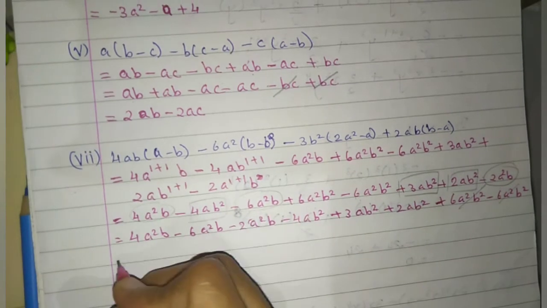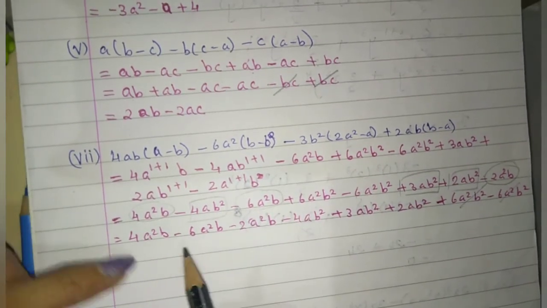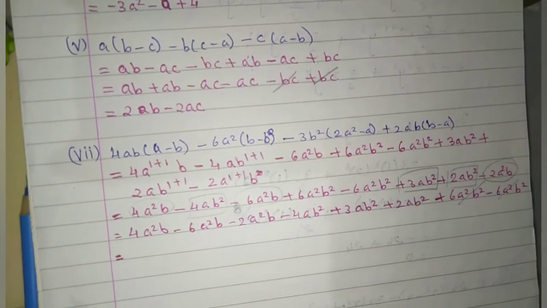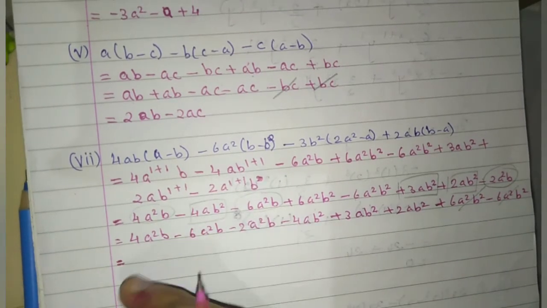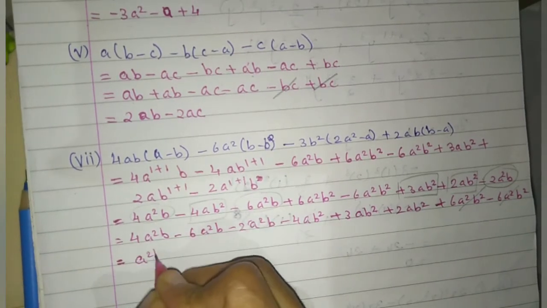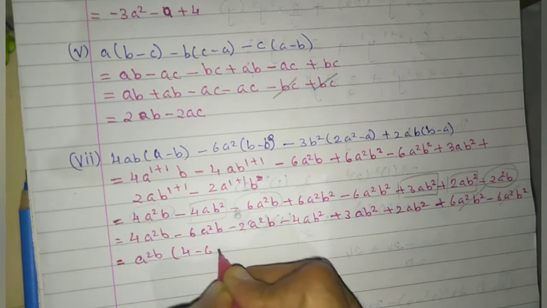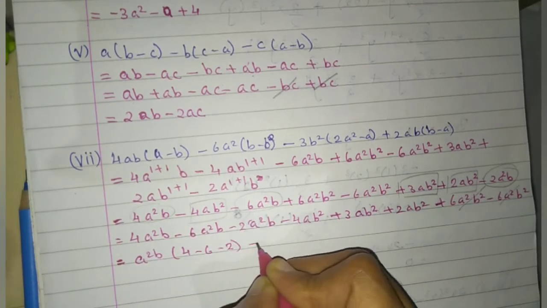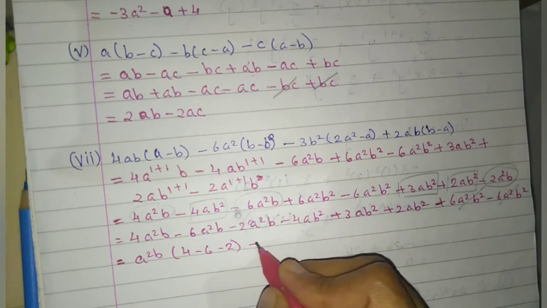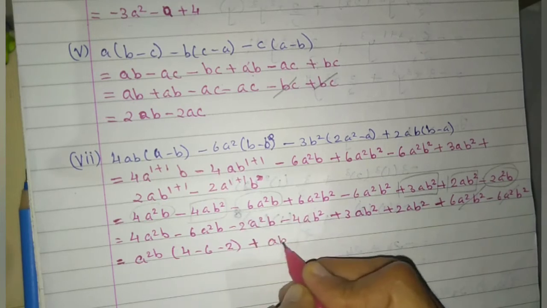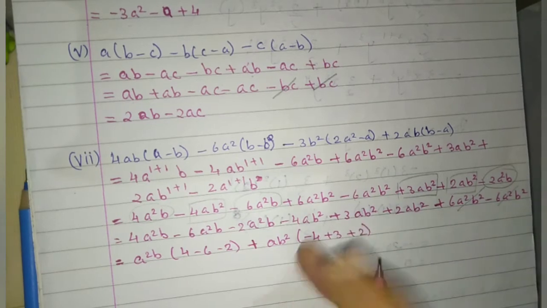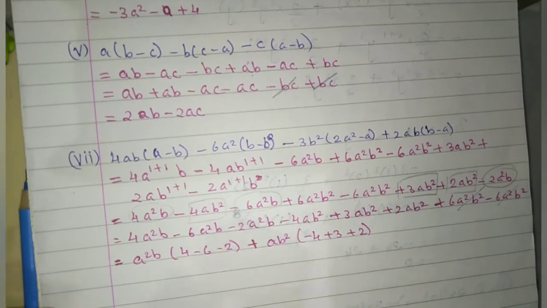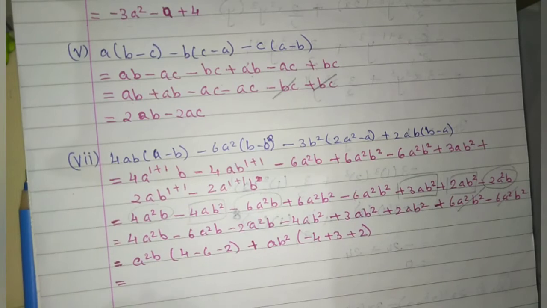So now here 4 minus 6. I am writing that a square b is common: 4 minus 6 minus 2, and let us write plus ab square, minus 4 plus 3 plus 2. Only the coefficients I have written in brackets, so it will make it easier for you.